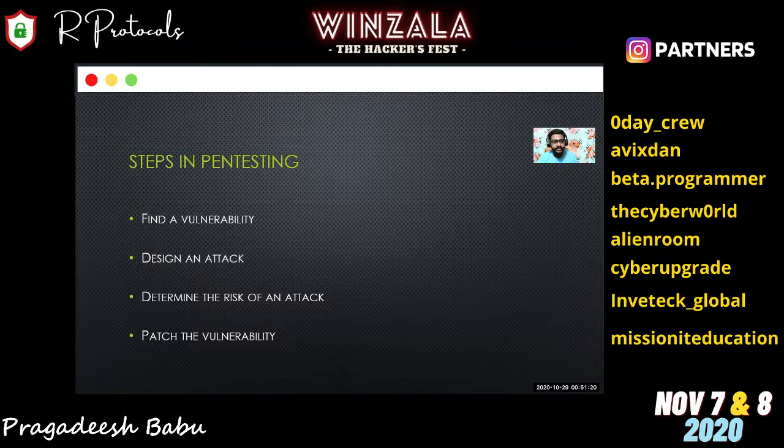The third step is to determine the risk of an attack. Suppose we have a remote code execution vulnerability in our server. RCEs are among the most critical vulnerabilities in any server, so it should be noted and patched as soon as possible. Every vulnerability should be reported with its severity level.